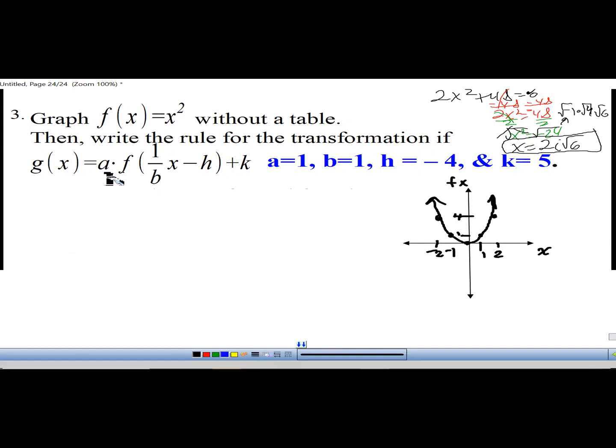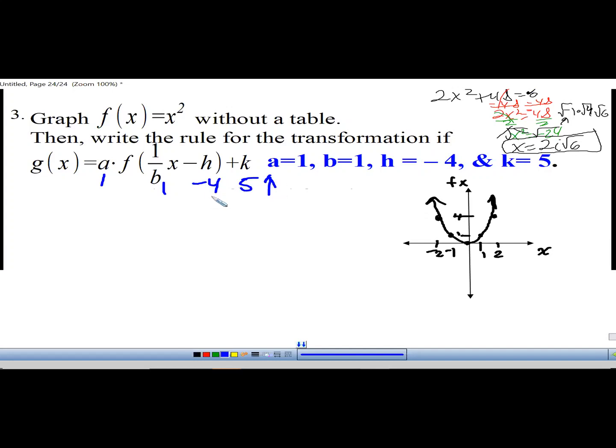So I'm going to substitute for a 1, b 1, h negative 4, and k 5. Now, before I rewrite this, look up to the screen. Look at k. What is k going to do at the end to the entire original function? It's going to move it up 5 steps. But look at h.